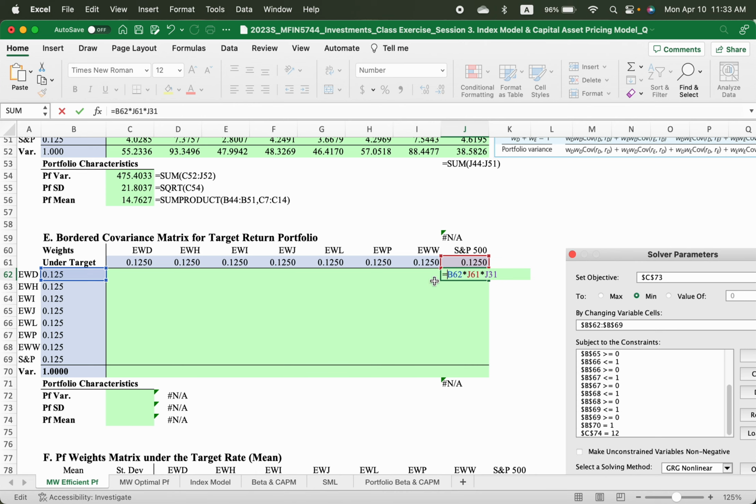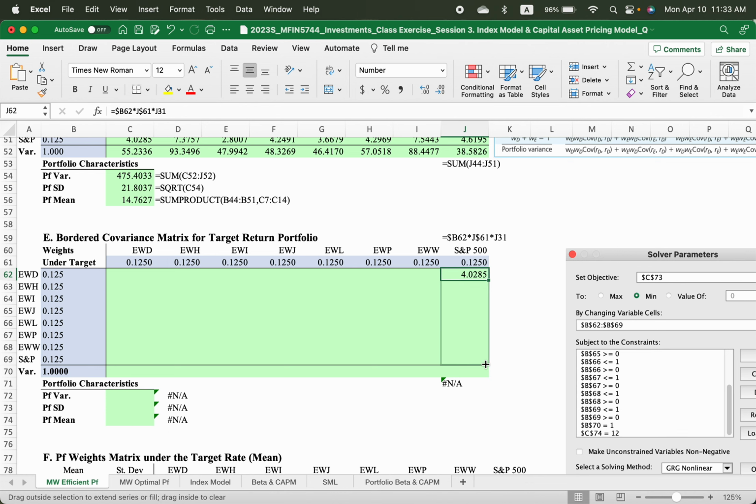I want to fix this column, but open the row. So I want to fix this, and here fix on this row. Here the weight part, and then enter. And let's just drag down and drag to the left.